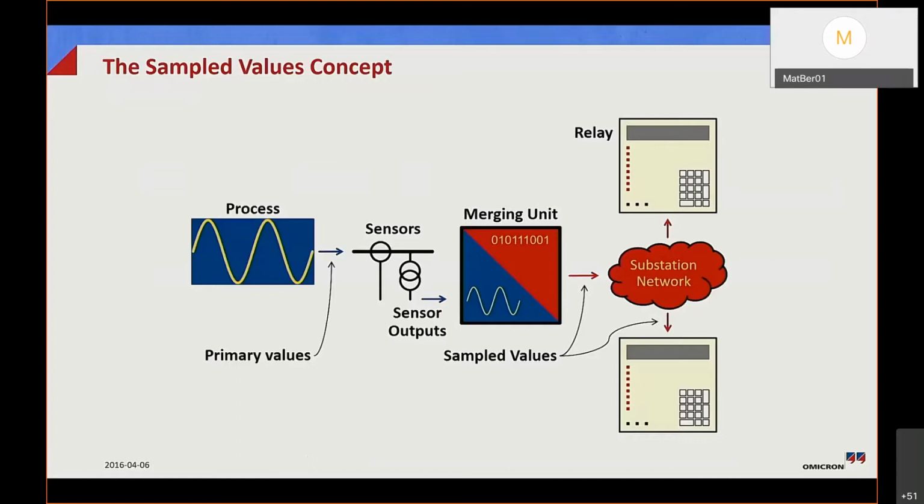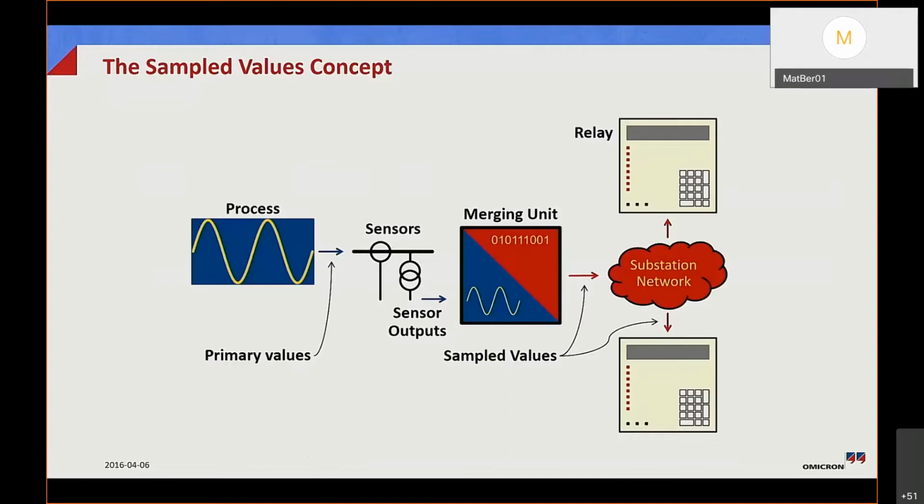And in this merging unit, the analog to digital conversion and the proper timing and the packing into Ethernet packets is performed. And then what's the output of the merging unit are the sampled values.